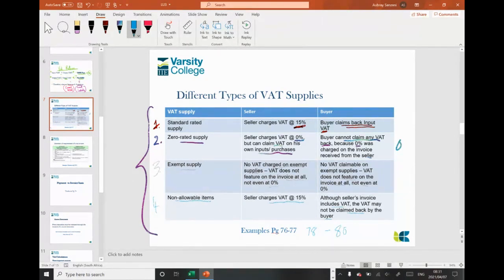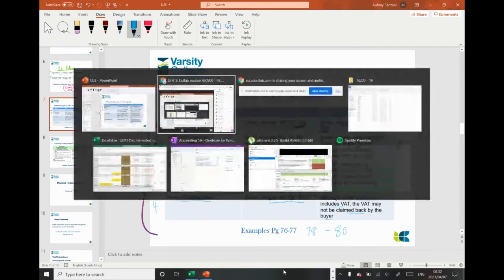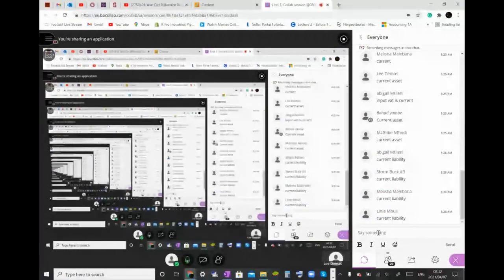If you read between those pages, you will see they not only speak to these different categories, but they will also on page 80 give you examples, and I'll give you that as homework. I want you guys to do question 3.3. So please read those pages. Putting this in the chat. Question 3.3. Need you guys to do this for homework.